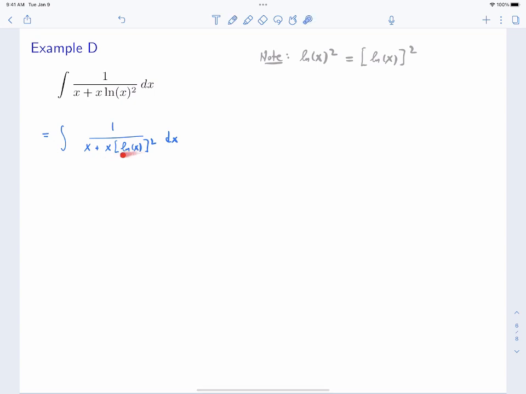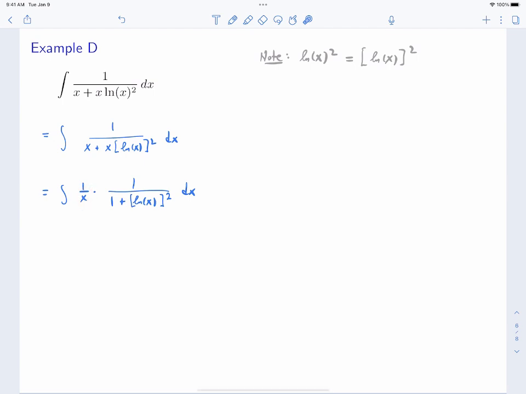It might not look like any of them at the moment, but notice we can factor out an x in the denominator. So this is going to be the integral of 1 over x times 1 over 1 plus ln of x quantity squared dx.